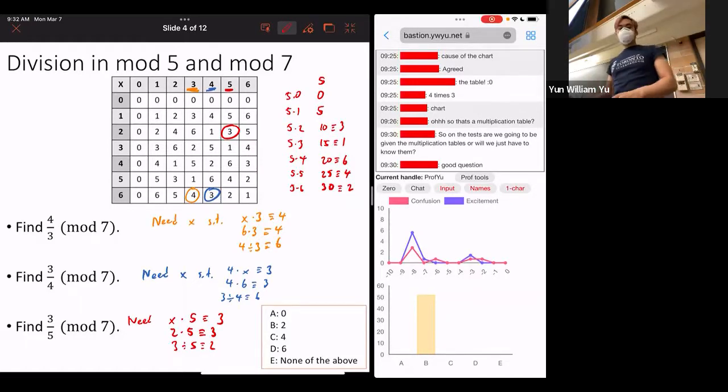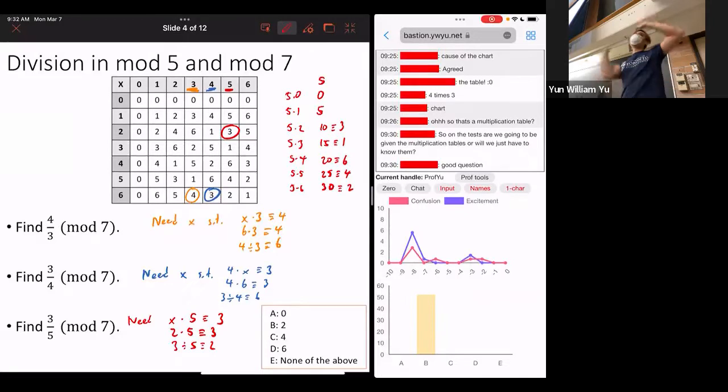Okay, so all that's great. But now let's talk about some other ways of doing division. So we have this way, which is you have to stare at this big table, find the right column, and then find where it matches, right? But there are other ways of doing ordinary division.